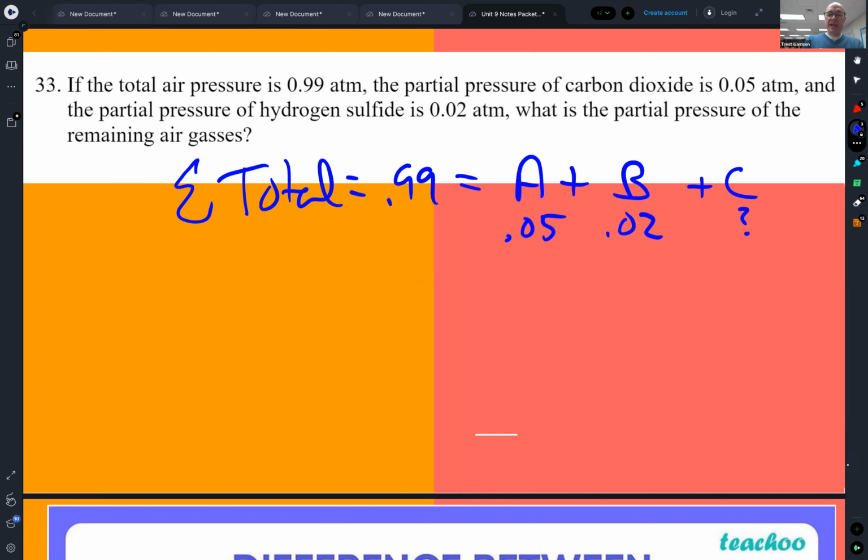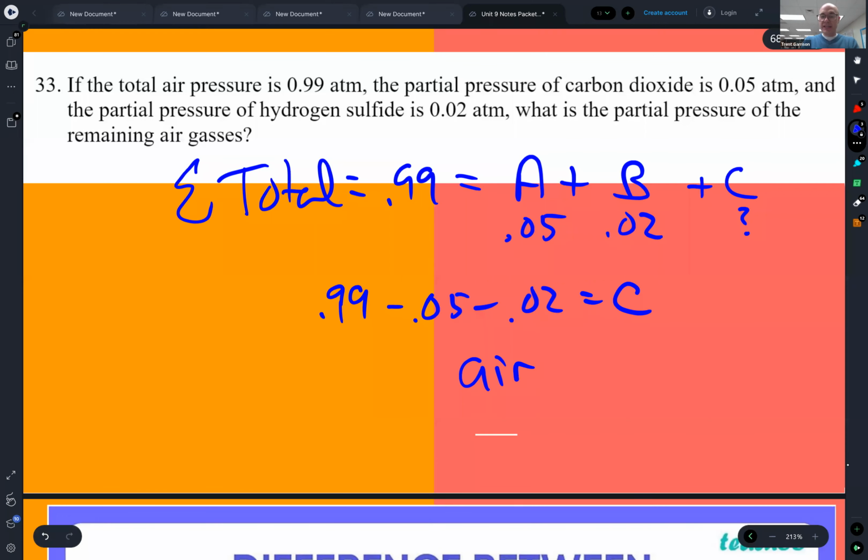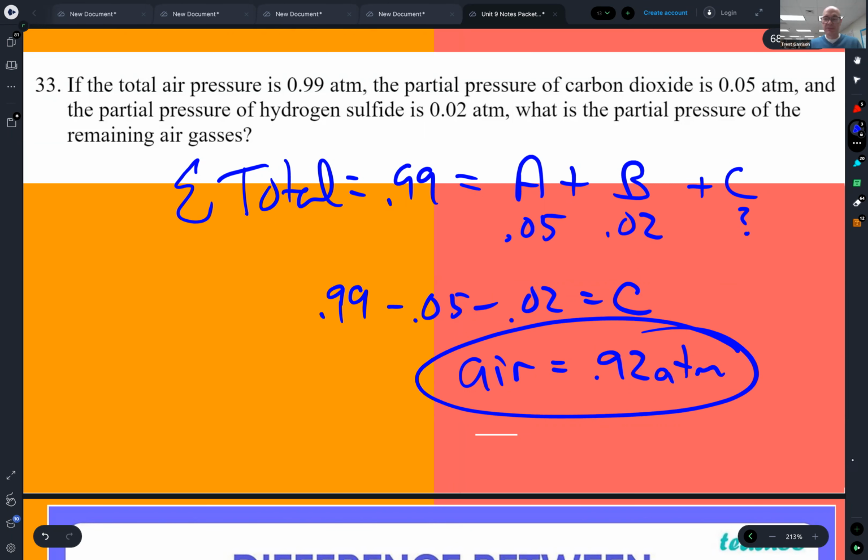Well, this just becomes a math problem. 0.99 subtracted by 0.05 subtracted by 0.02 will tell us what this third gas is. So 0.99 minus 0.05 minus 0.02, and we get 0.92. So this gas, whatever it is, has a pressure of 0.92 atmospheres. Very simple concept.